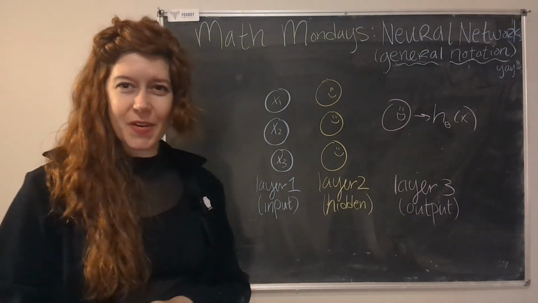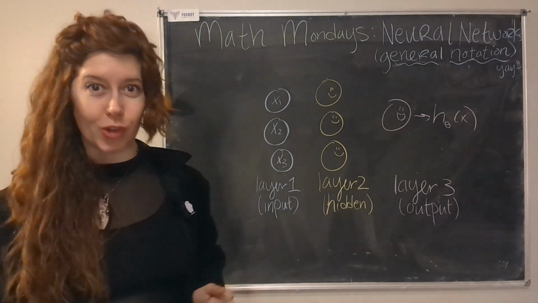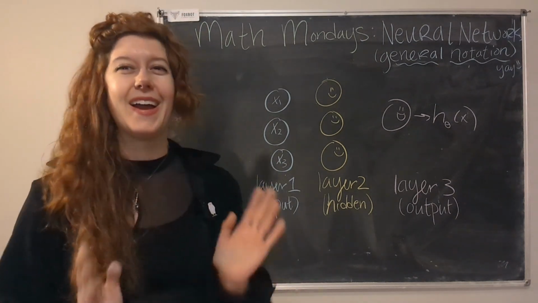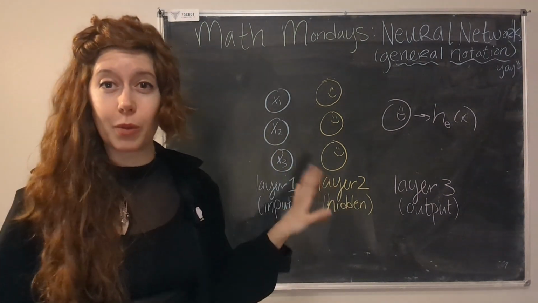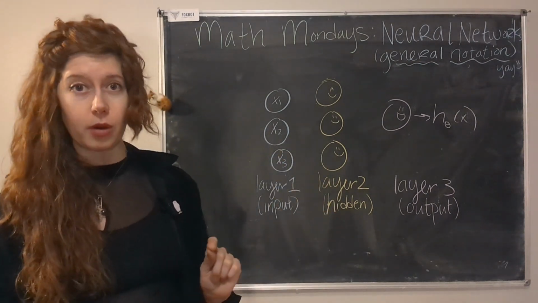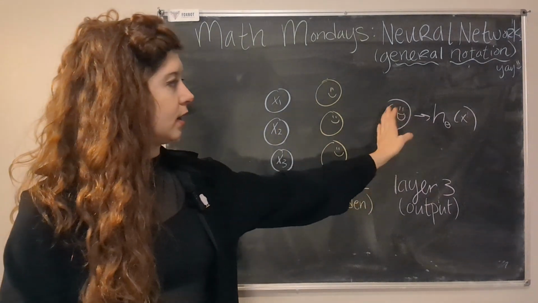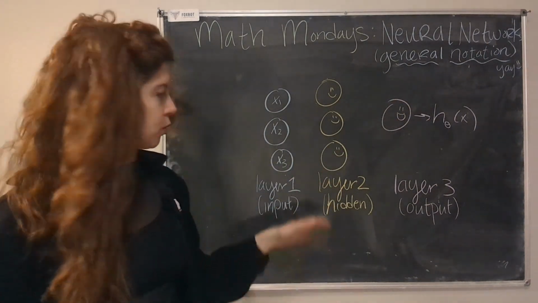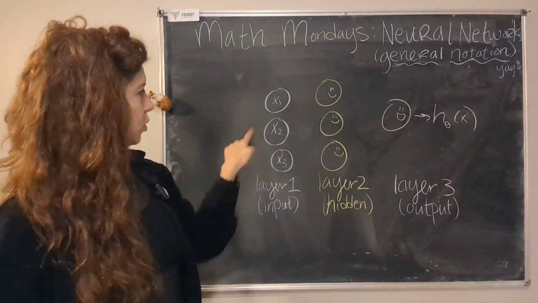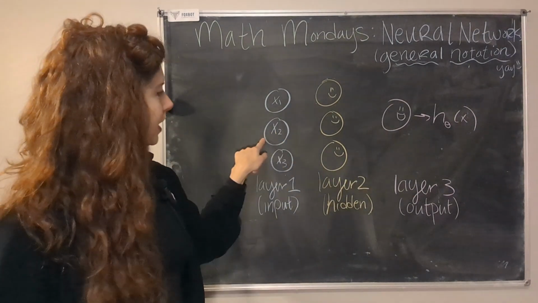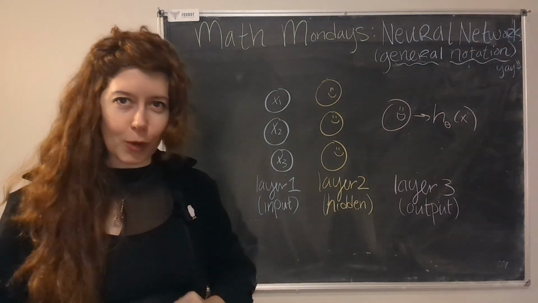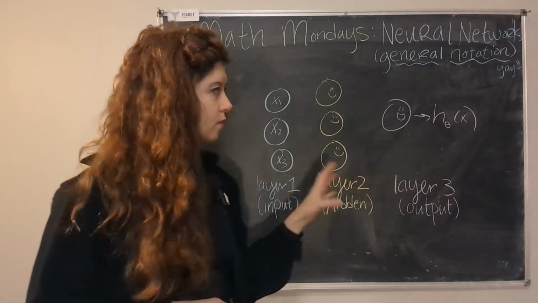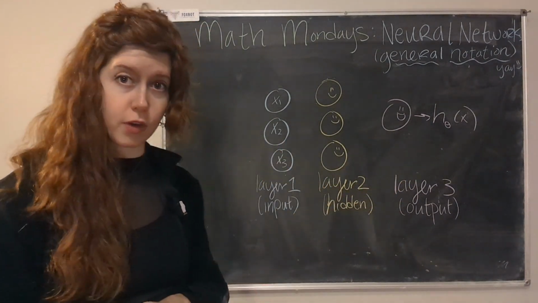Huzzah! In this series, we look at the mathematics behind large language models, which power things like ChatGPT. So cool. In this episode, we are going to take what we learned from our intro to neural networks, when we looked at a simple architecture, basically a way to build a neural network with just 3 layers: 3 inputs, 3 neural network buddies in our second layer, and then our output layer, which gives us our hypothesis or prediction function.